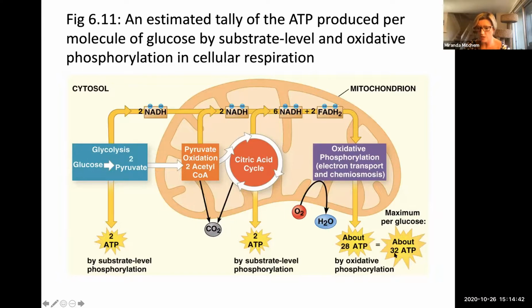So we make 32 to 36 molecules of ATP per 1 glucose. So I'd encourage you to take the version of this figure that is at the beginning of the slide set and try to fill it in yourself with as much information as possible, or try to draw it yourself.